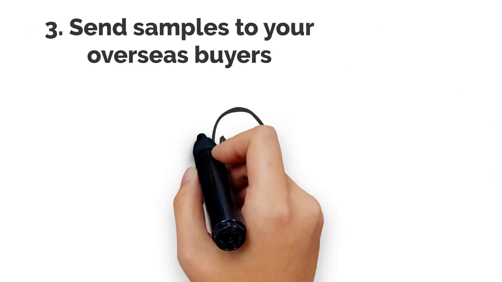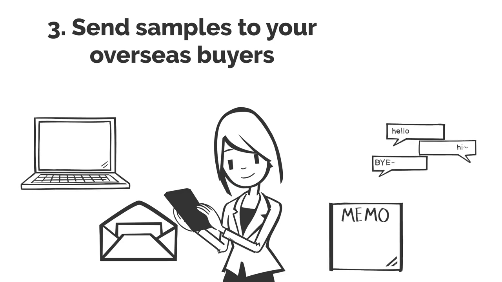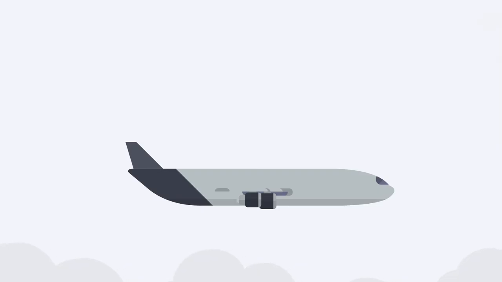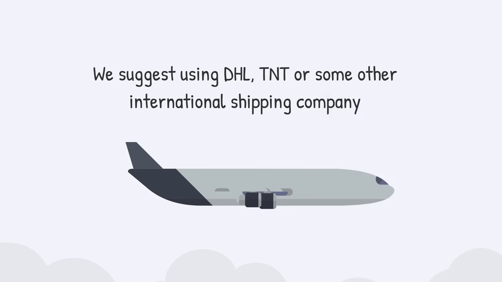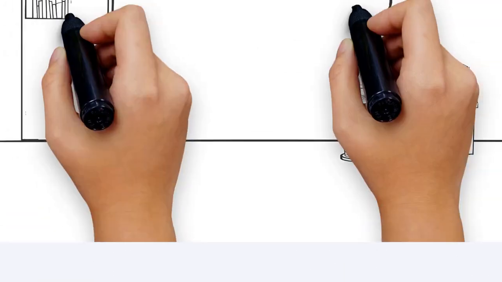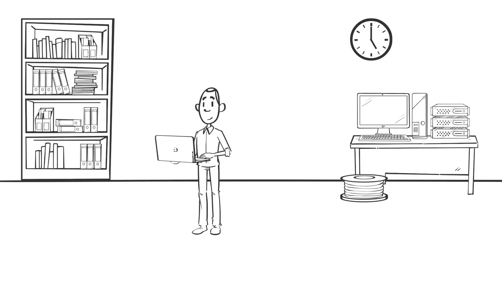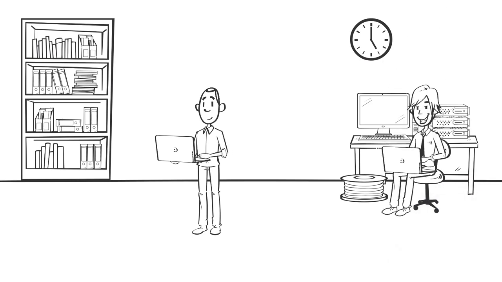3. Send samples to your overseas buyers. If you found a potential overseas buyer, definitely, they will ask you to send them a sample. You need to pack the sample and ship it to your customer so they can check your product. We suggest using DHL, TNT or another international shipping company. They will help you to fill export documents and will tell you what you need to provide.